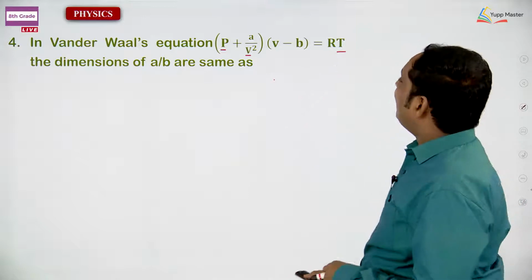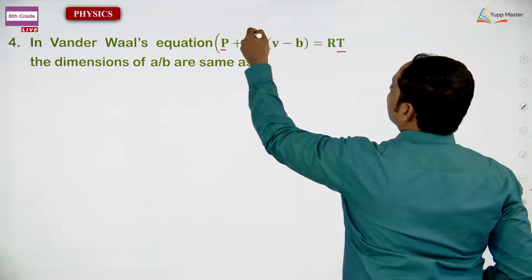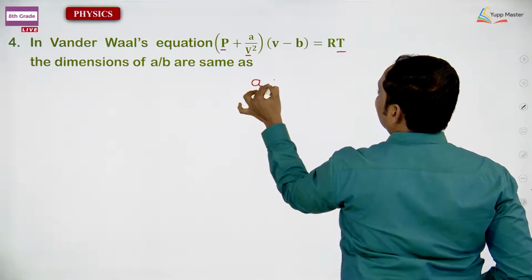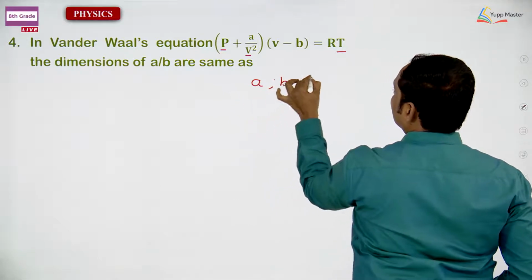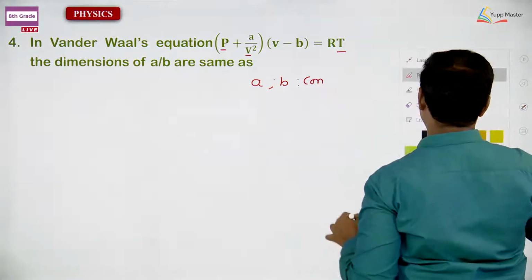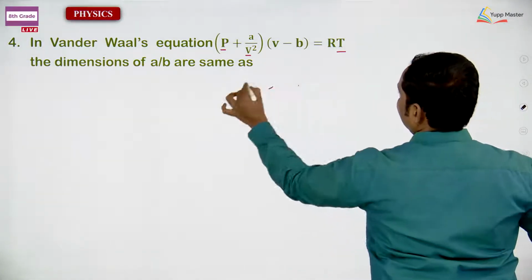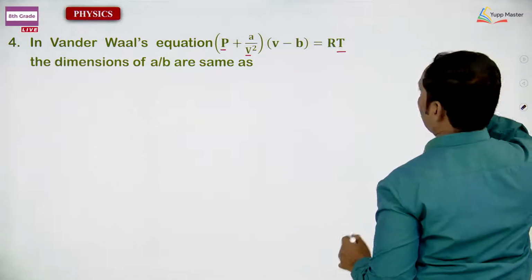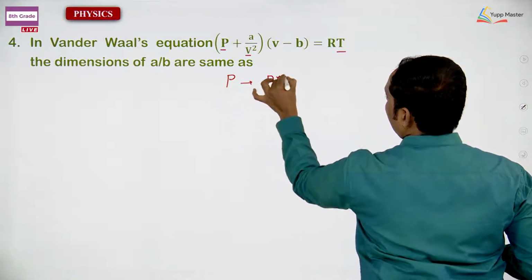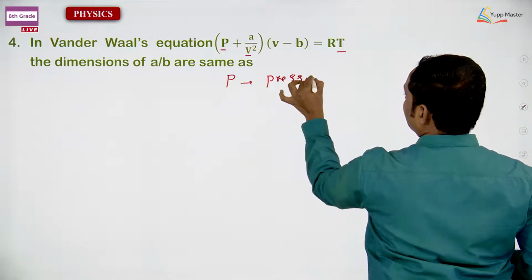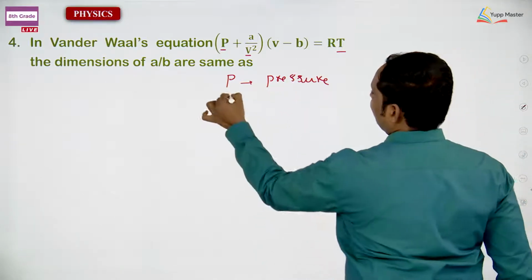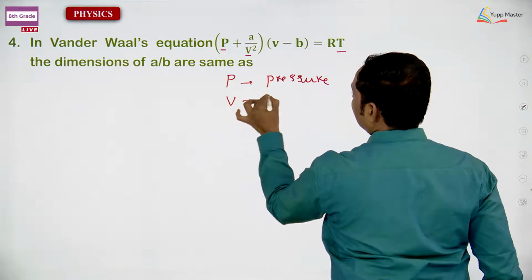What about the constants which can balance that? A and B are constants. P is the pressure.